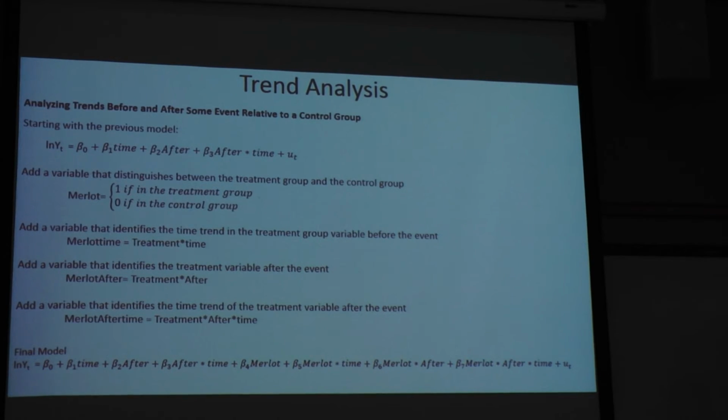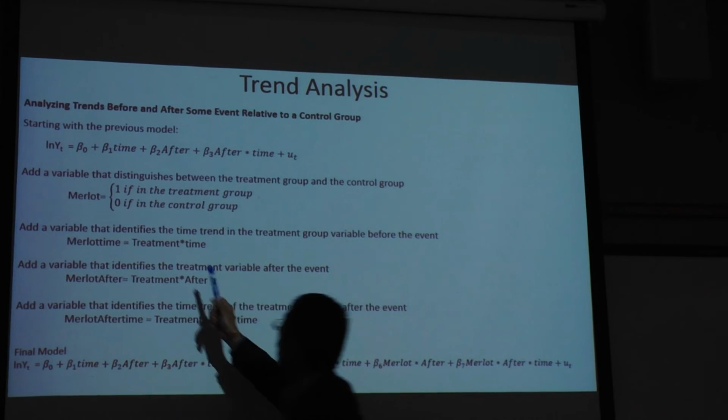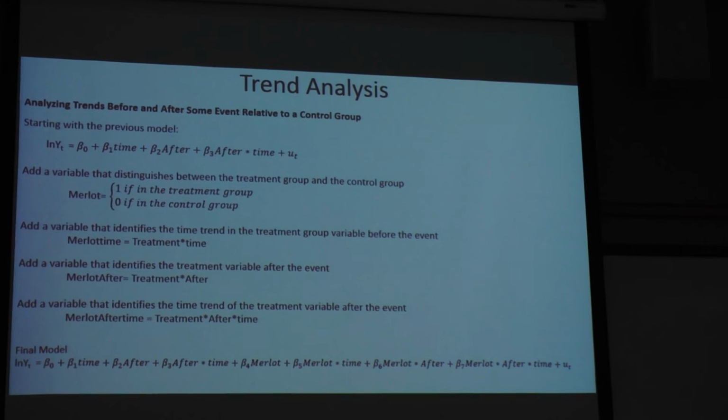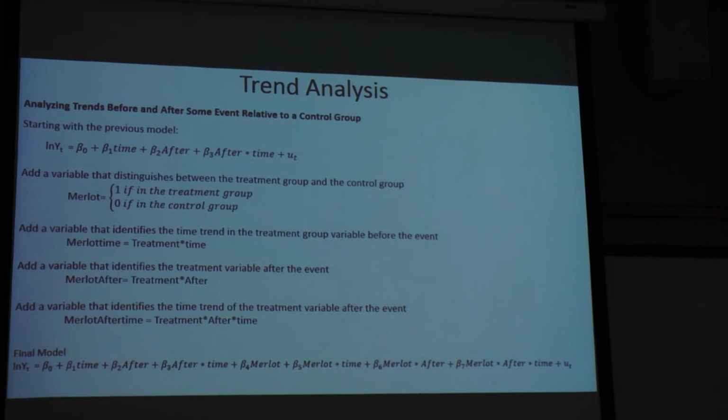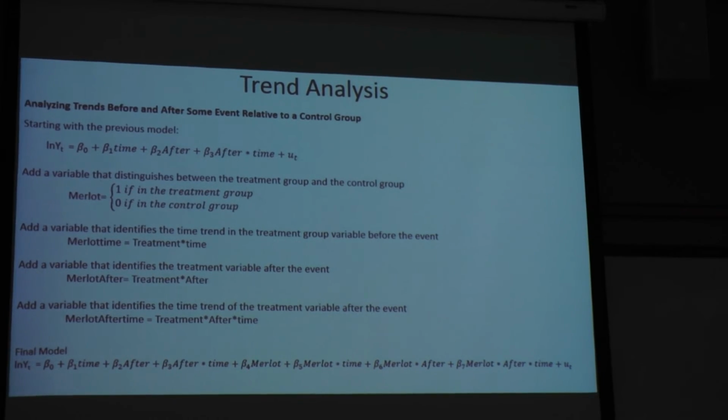But remember, we're really generating new variables. Compared to our last homework, we're generating a treatment group. No, wait a minute. We're only creating one new variable, a treatment group.